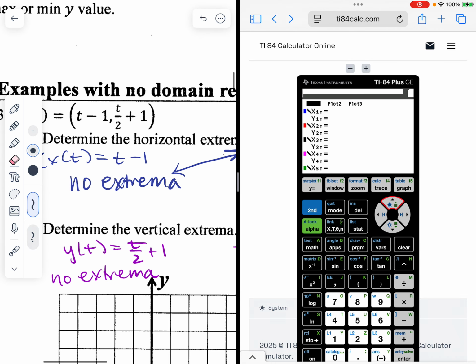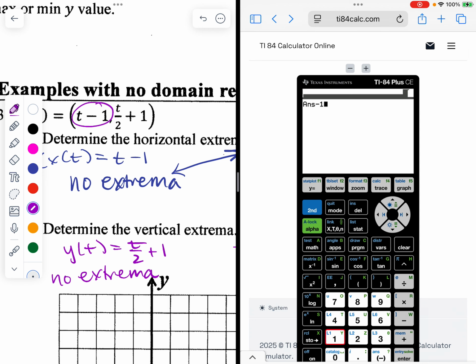And then my y value is t over 2, so we're going to go t divided by 2, all plus 1. If you want to be careful, you can insert parentheses around that t over 2. Go ahead and graph it.